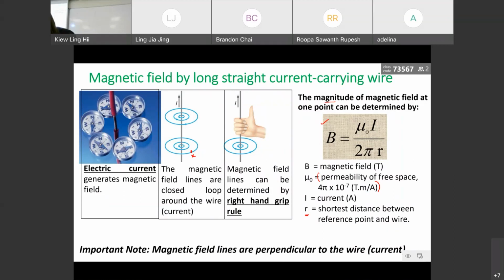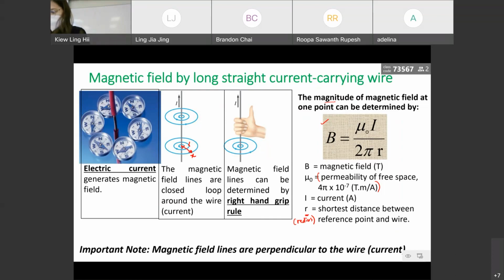So this will be your R. If you look at the diagram, R is equivalent to the radius of that circle, am I right? Okay, but to be specific, it is the distance between your point X and your wire.